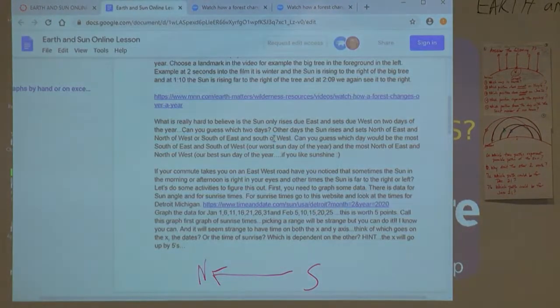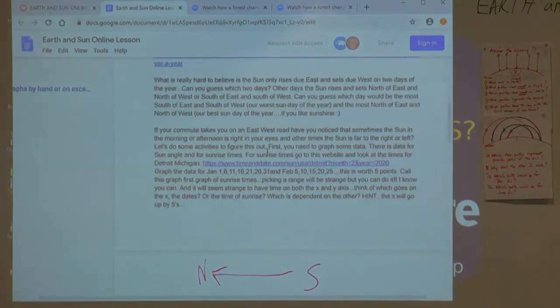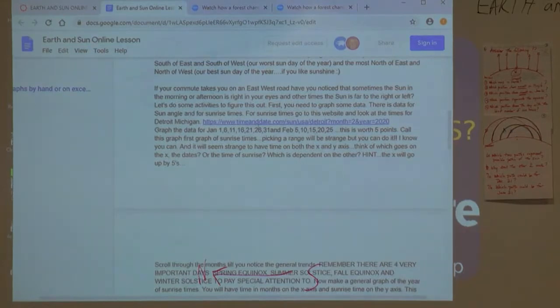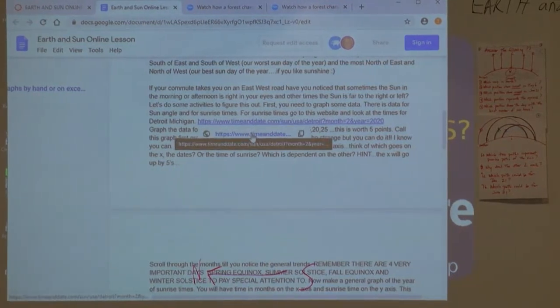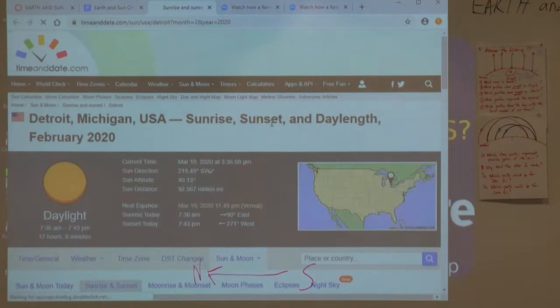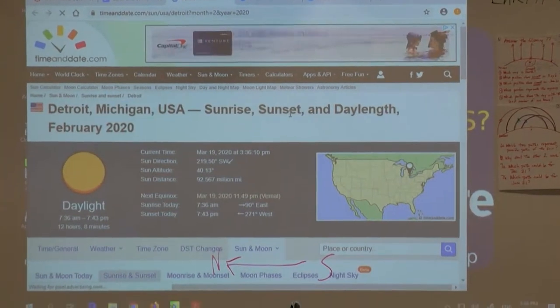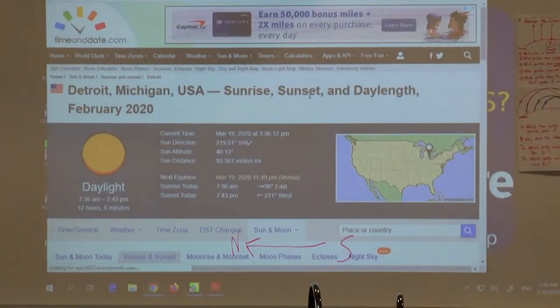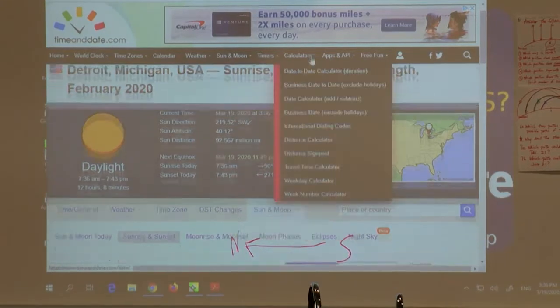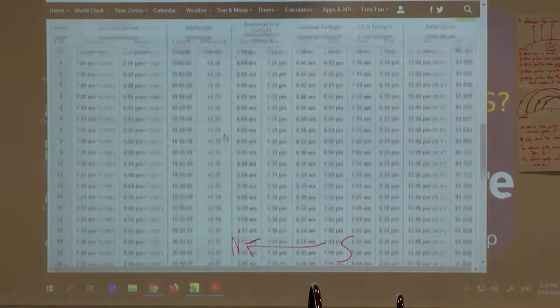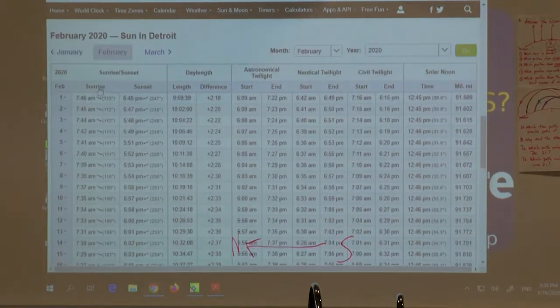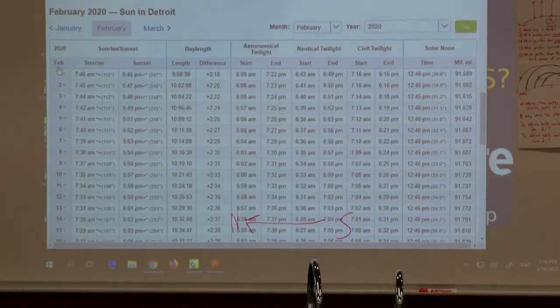Okay? So, I've talked about that commute and so on, and now we're going to go to this data here. Okay? So, looking at this data for Detroit, Michigan, February 2020, it's going to give us the sunrise and sunset times.